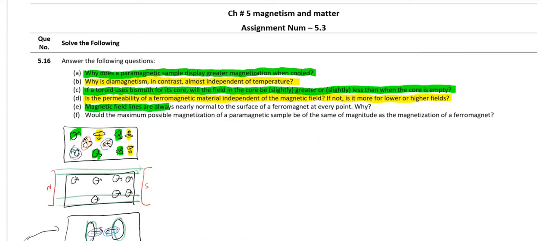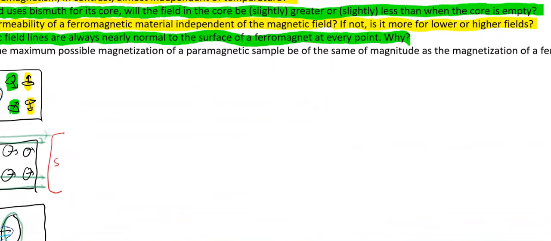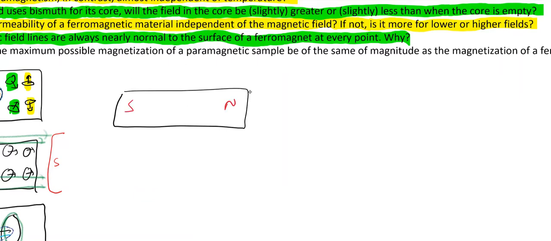Next one. Magnetic field lines are always nearly normal to the surface of a ferromagnetic substance at every point. Why? Now see, if this is a magnet, the field lines will always go from north to south, and we know that magnetic field lines don't intersect each other.